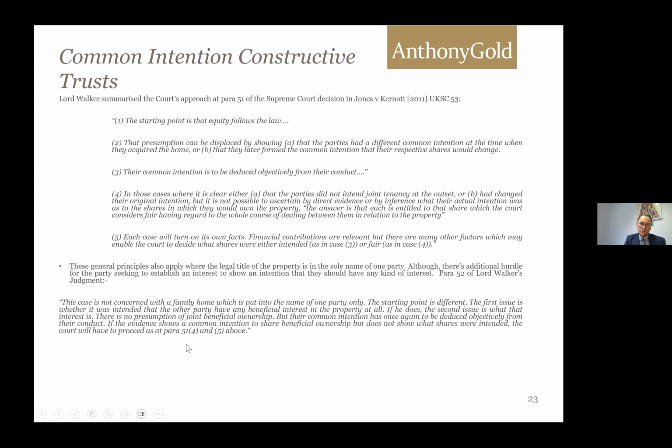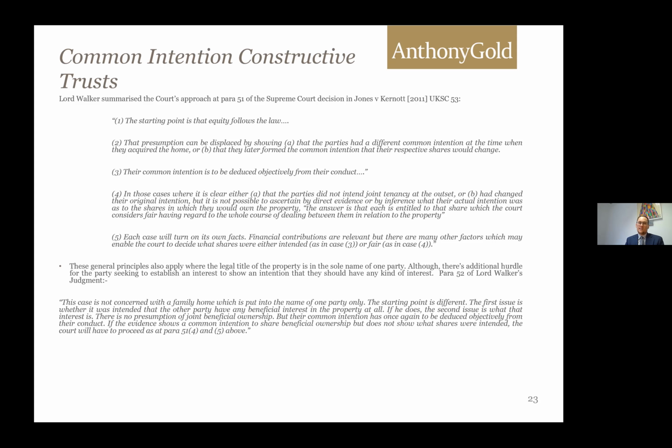I'm not going to read out this slide in its entirety, but essentially what the court will do is look for any evidence of a common intention or agreement. Are there emails? Are there messages? Is there credible evidence of oral discussions which set out what was agreed between the parties and accepted?